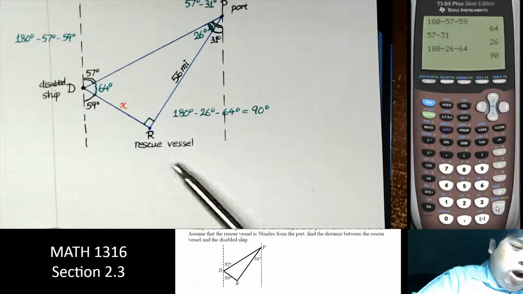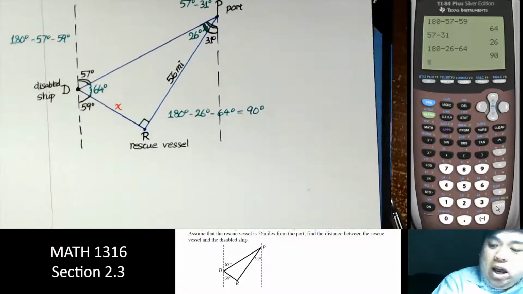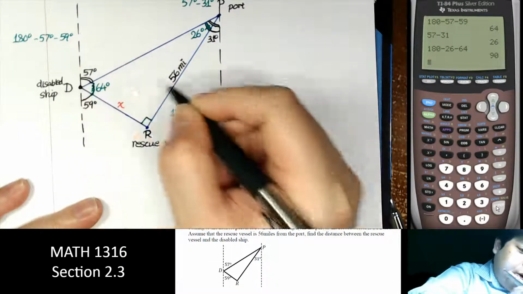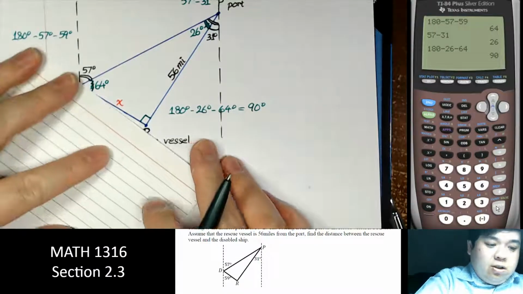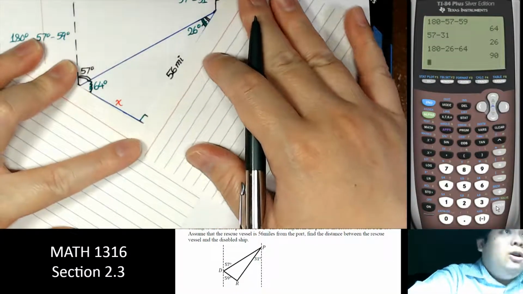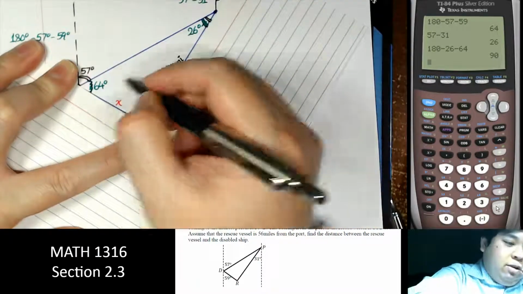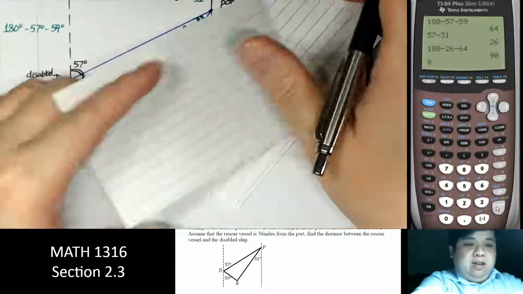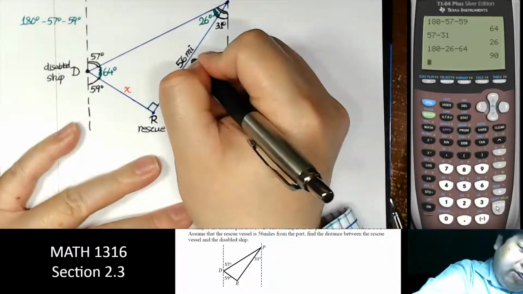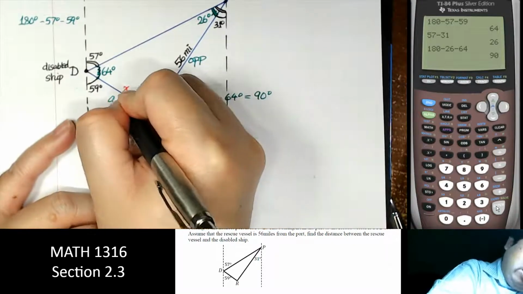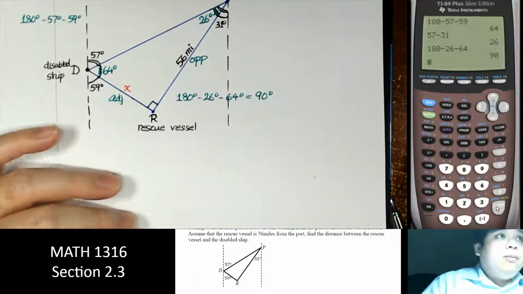So in this right triangle, we need to just use some of the angles. Let's say with respect to this 64-degree angle, we have opposite and adjacent. Opposite to 64 degrees and adjacent to it.